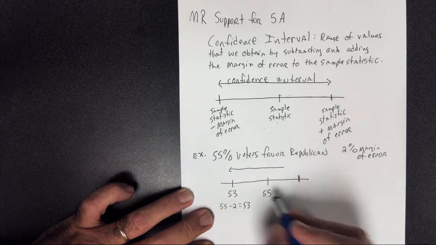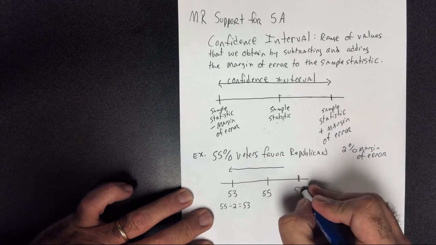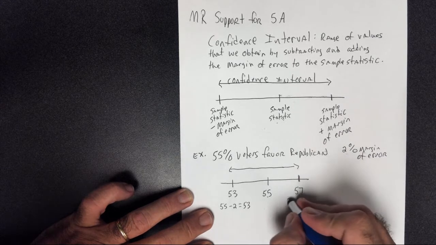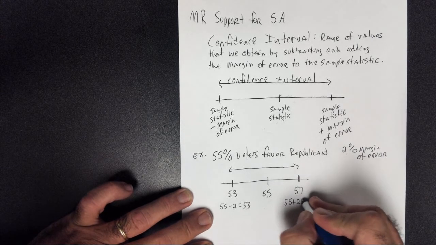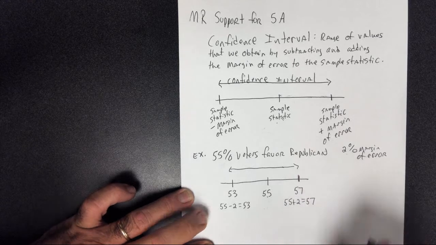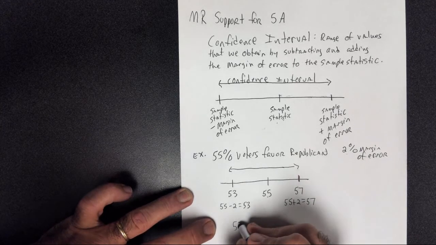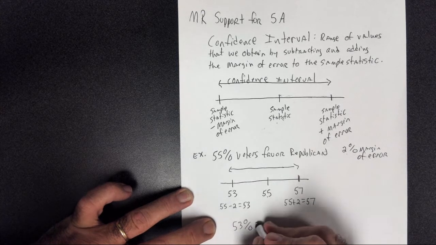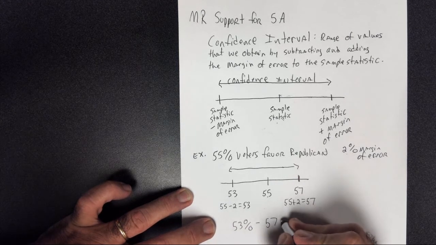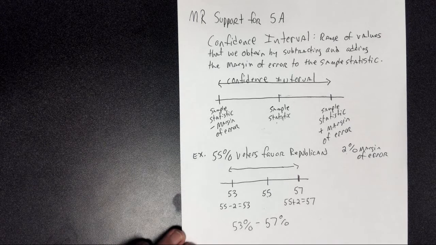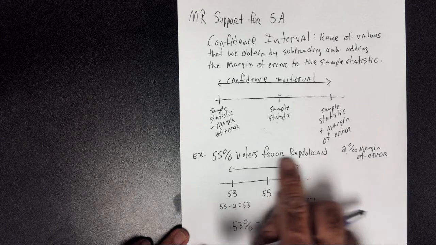So 55 plus 2 would give me 57. So right here we did plus 2 and got 57. So our confidence interval is going to be from 53% to 57%. So that's the range that we're expecting our Republicans to get.